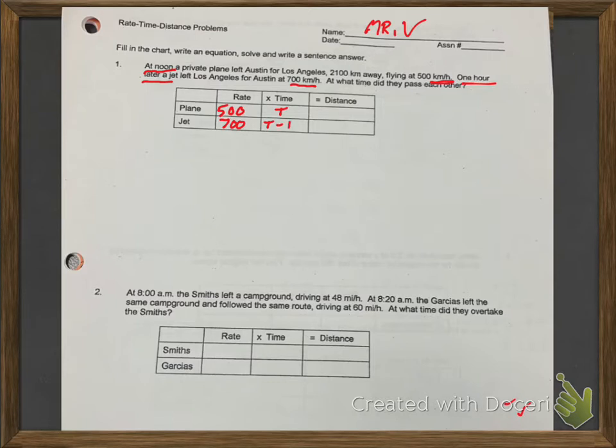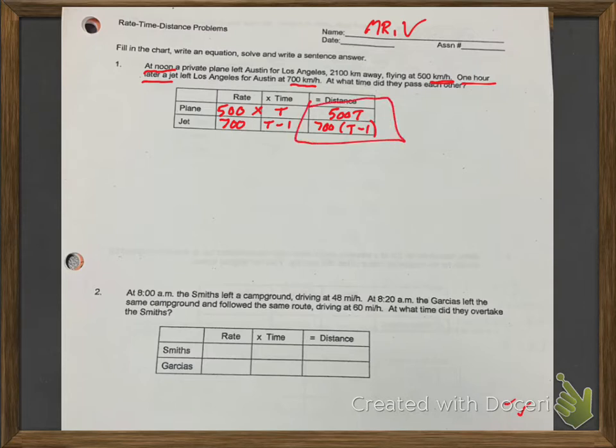Then if I take the rate times the time, I get 500T for the plane, and the jet is 700 times (T minus 1).